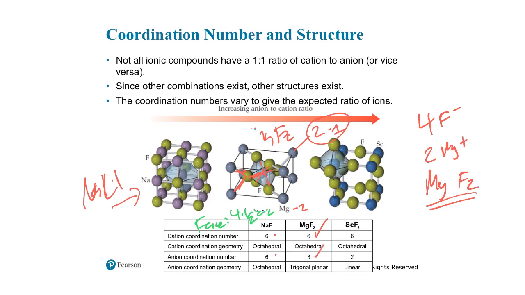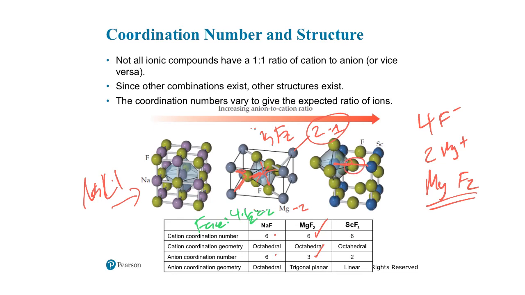So we have this relationship that the coordination number has to be the same ratio as the formula dictates. So the coordination number of the cation is going to be double that of the anion. And that's because the cation should be surrounded by twice as many of the anions as the anions are by the cations. So ScF3, we have atoms of F on all of the edges.